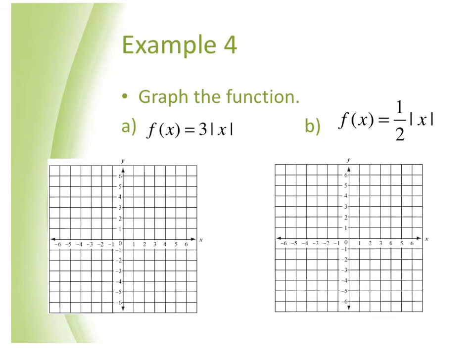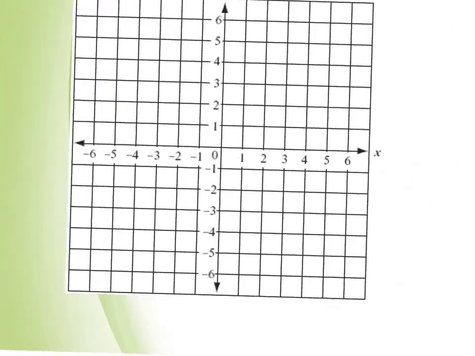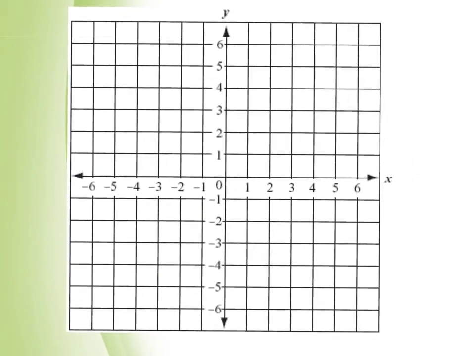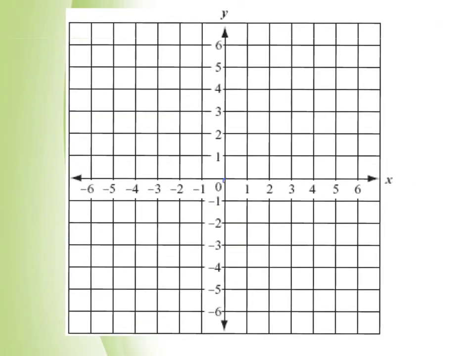So let's do some examples. Let's take a look at the one on the left. We're going to notice that it's our absolute value function, and we're going to multiply the y's by a factor of 3. So always start with the parent graph. This is an absolute value function, so it's creating this identity relationship here and somewhat there.